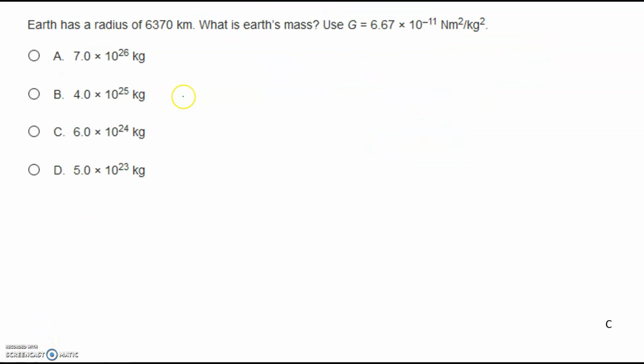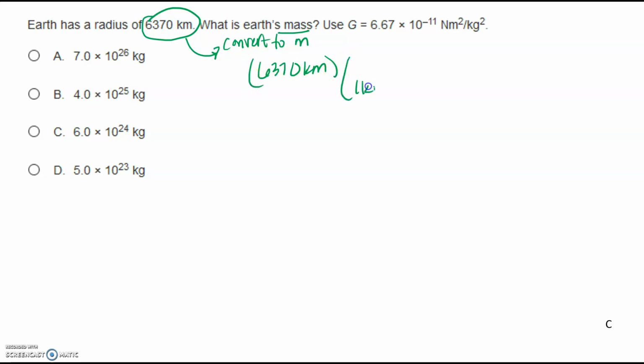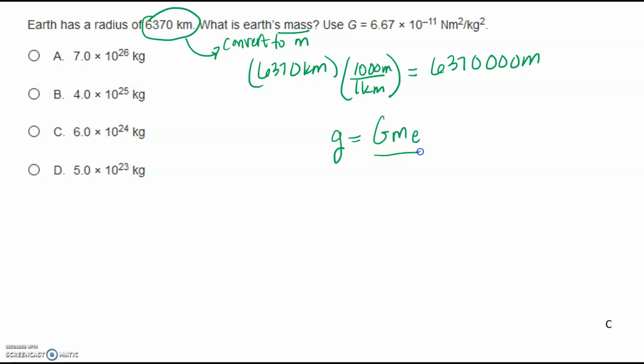Okay. Earth has a radius of this. What is the mass? So first thing I need to do is convert this to meters. Okay, and then I'm going to use the gravity formula we used on the last two problems, because I know gravity on Earth, so I can plug that in.